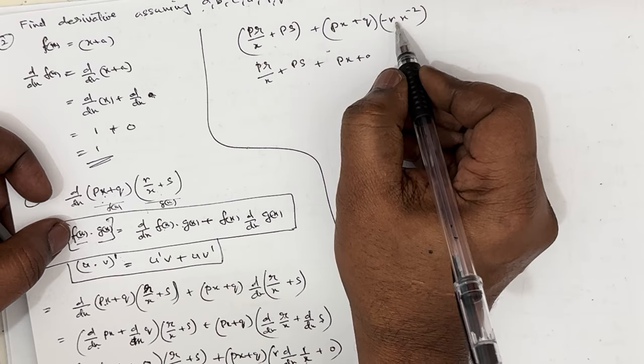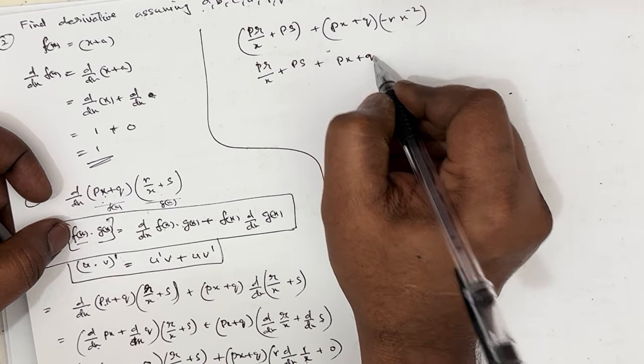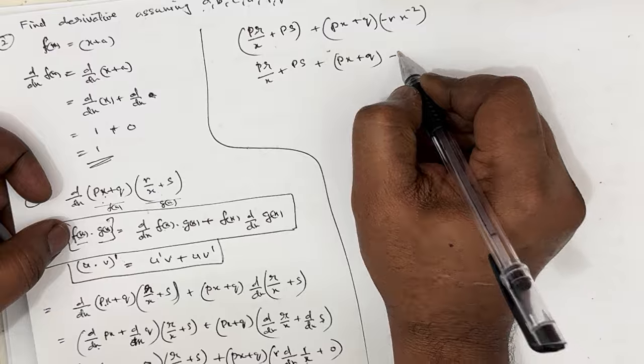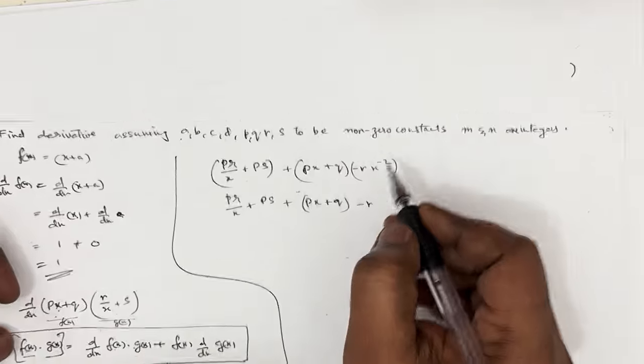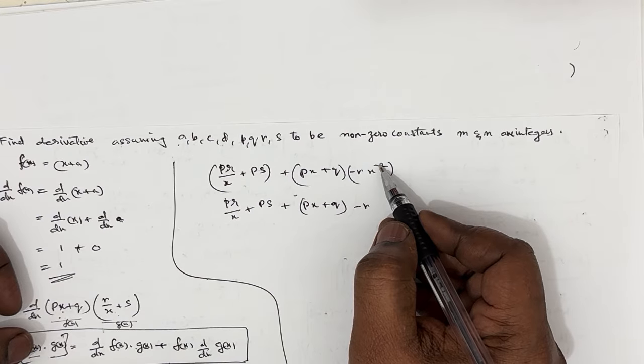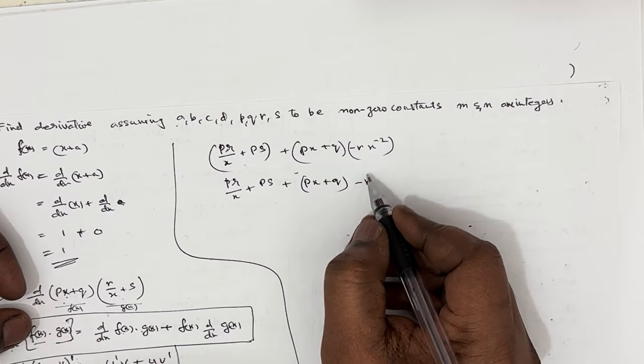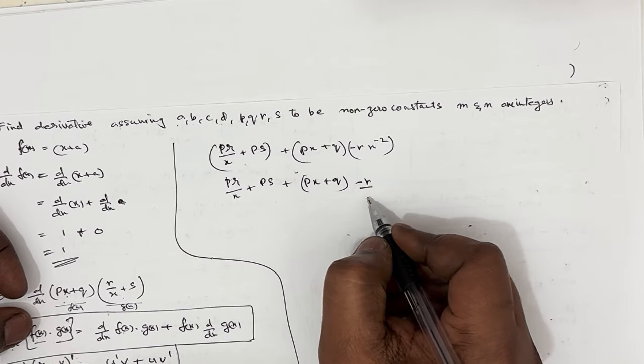Now let's multiply. Let's bring the x raised to negative 2 to the denominator, so it becomes minus r upon x square.